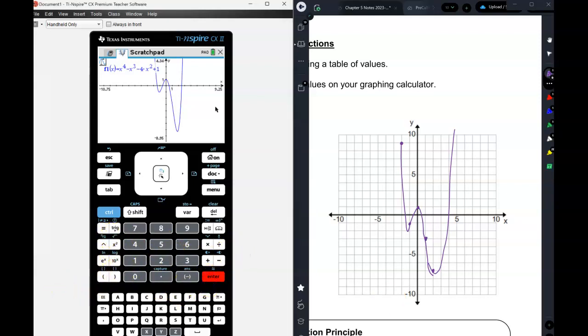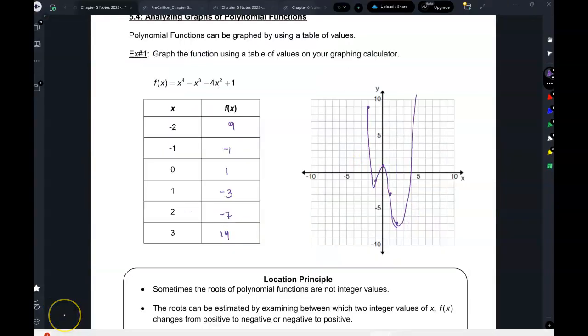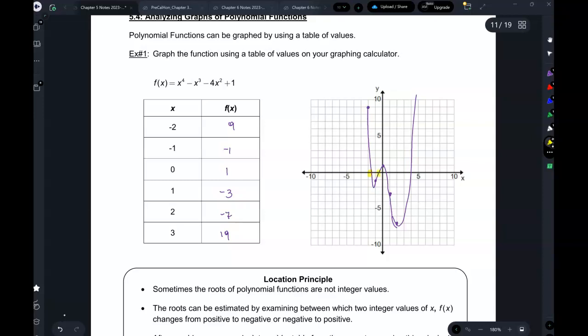So the purpose of this lesson is to now be able to analyze different parts of this equation and graph. So let's go ahead and continue here. Do you see how this function has a couple of places where it crosses the x-axis, right? Now, when we did the table of values, it served a very important purpose of actually helping us graph this precisely, okay?